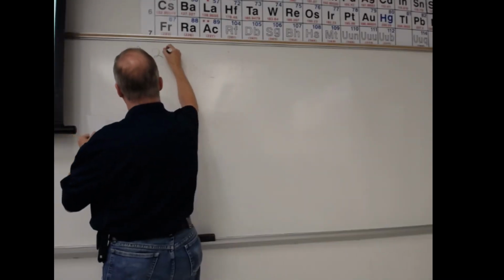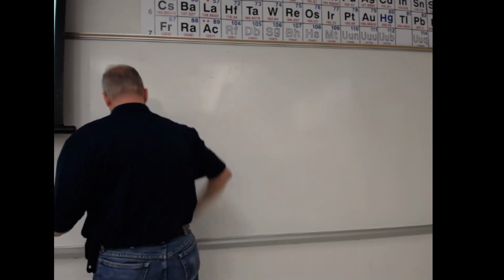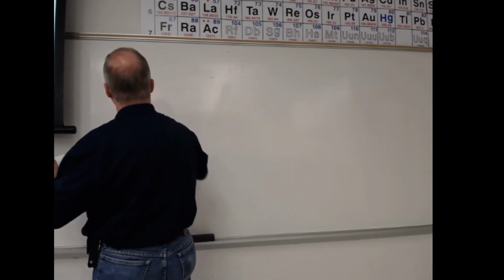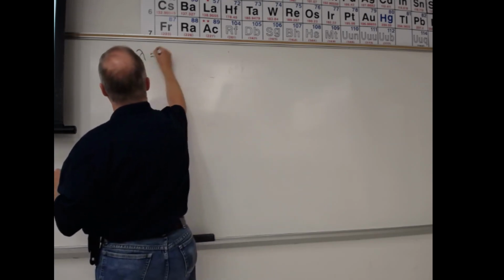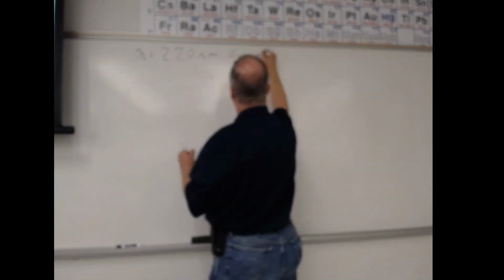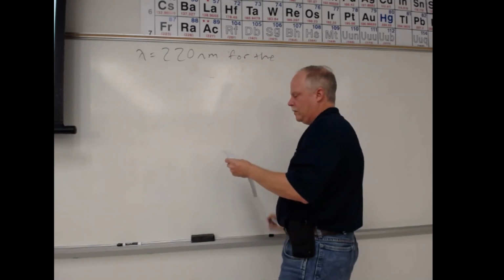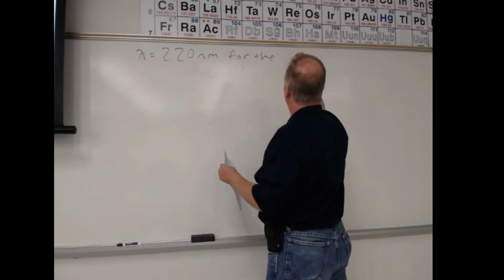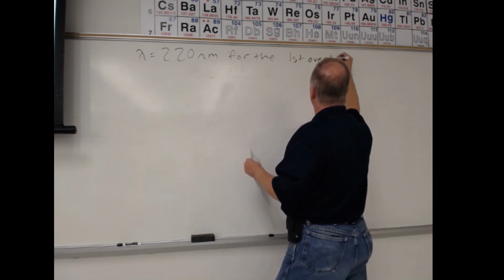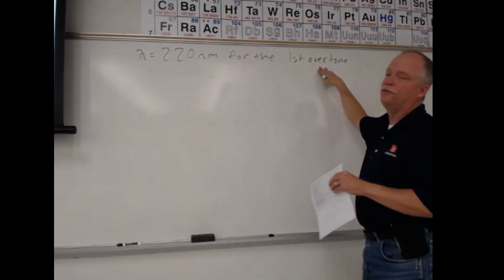A 220, let's see, lambda for a transition. So lambda equals 220 nanometers for the first overtone.